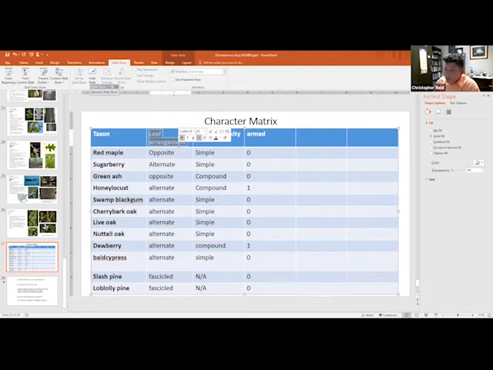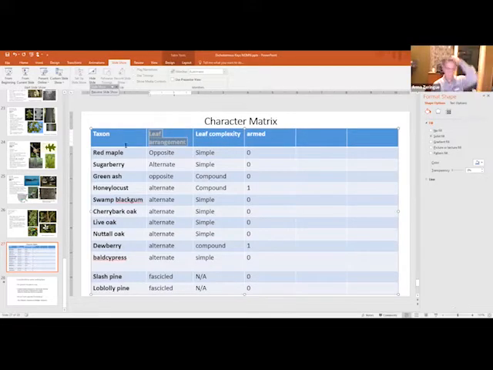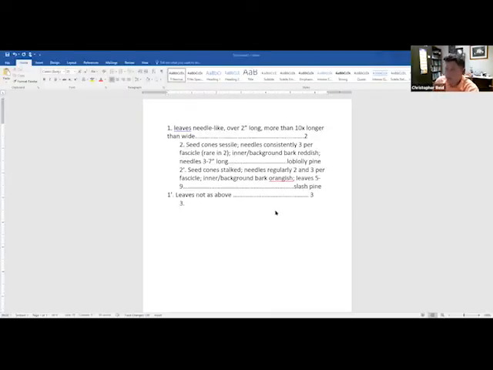I had a lot of people calling Chinese privet deciduous holly and vice versa because they were eyeballing and not paying attention to the leaf arrangement. So is everybody okay with proceeding with leaf arrangement as our next character? Yeah. Okay. Now we can go straight up leaf arrangement.